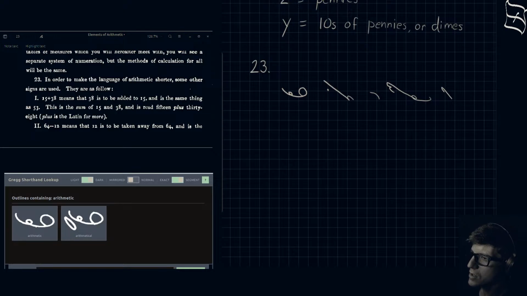To reduce the wording for arithmetic operations, we use the word arithmetic, and then there's arithmetical. So we have to do arithmetical.